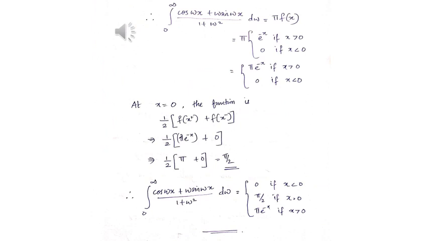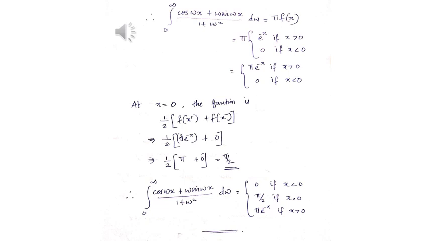Now, taking the integral part alone, we can multiply pi with f of x, that is pi into f of x. Here we have taken f of x as e raised to minus x if x greater than 0 and 0 if x less than 0. That is pi e raised to minus x if x greater than 0 and 0 if x less than 0. Now we have to find out the value at x equals 0.